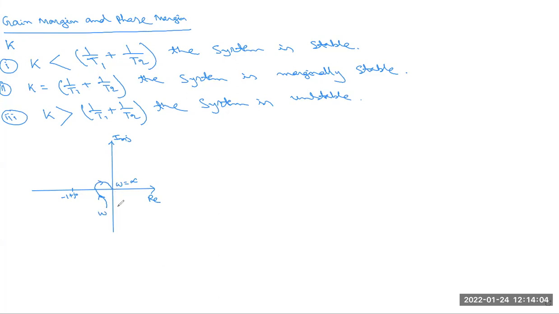This is the omega. When the system is stable, the curve lies in the lower part, that is, K less than 1 by T1 plus 1 by T2. In that case the system is called a stable system. So when you express it, you have to plot this diagram.